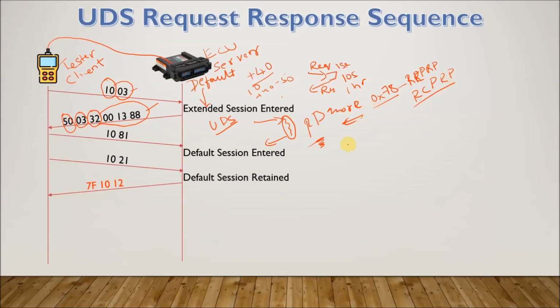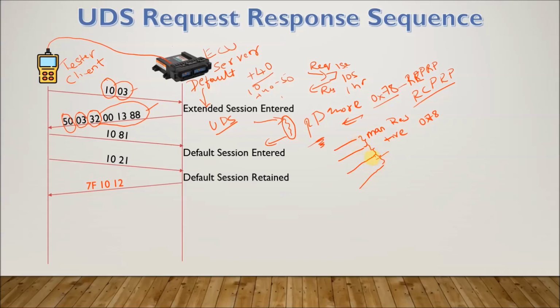Now there is a limit. There are two time triggers. That is the minimum time within which the ECU is supposed to send a response. A response is mandatory. It can be a positive response or NRC 78. If it says NRC 78, then a little more time is required. Then in this time it has to send one more response and one more last.